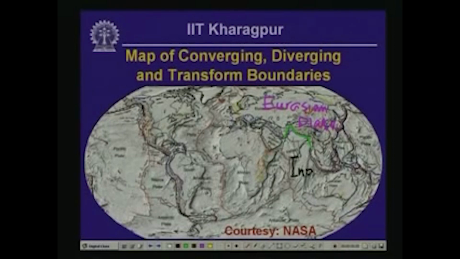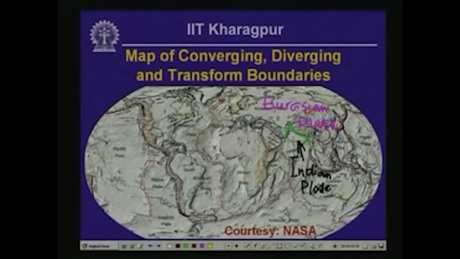So you can see that there is a convergence because of the fact that the Indian plate is moving up towards the north predominantly. As a result, there is a converging boundary at the north end or the northern margins of the Indian plate.